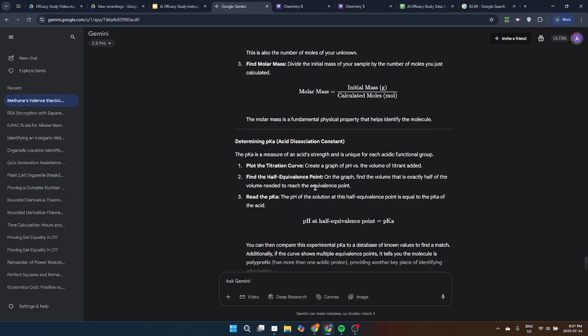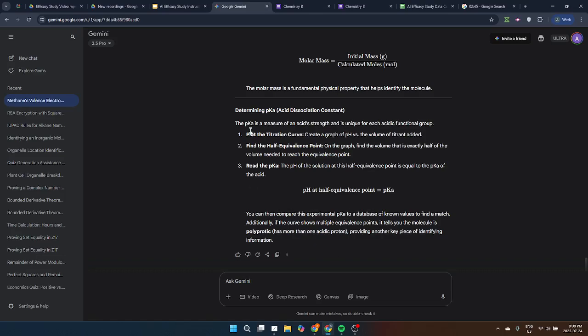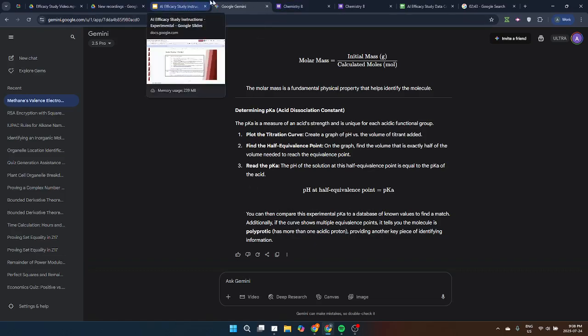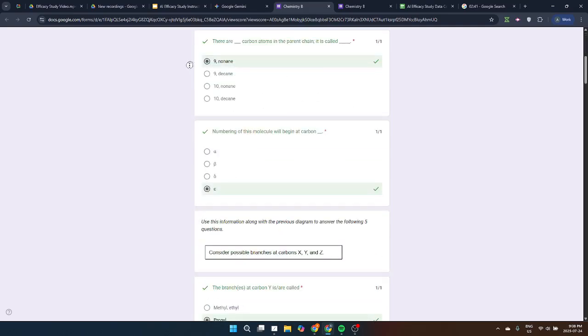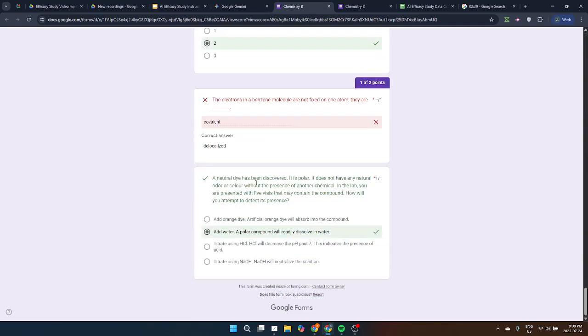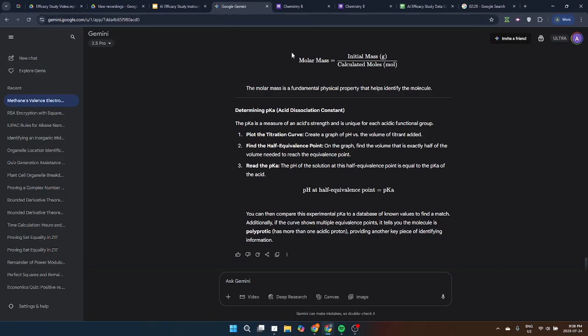Okay. I guess if we were to be given a mystery molecule that was not neutral, we would just look at the pH and determine and just go from there.